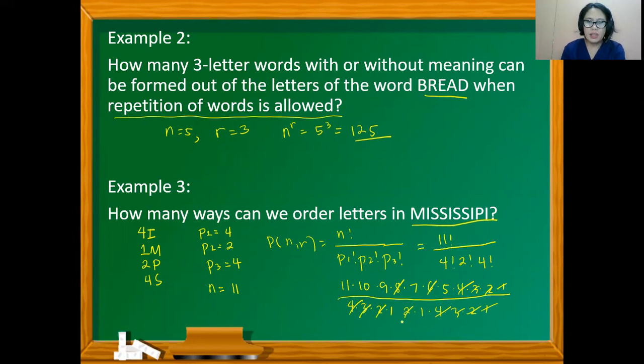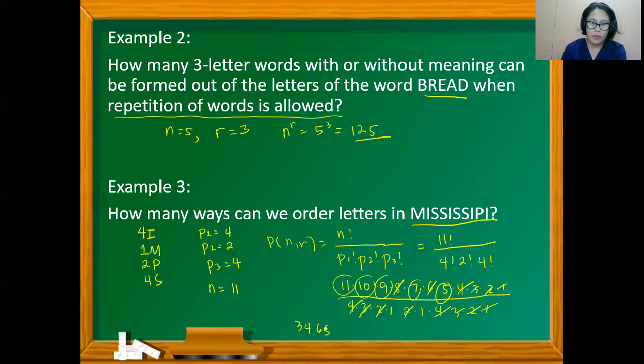So everything is canceled on the denominator. So we'll just have to get the product of 11, 10, 9, 7, and 5. That is 11 times 10 times 9 times 7 times 5 equals 34,650.